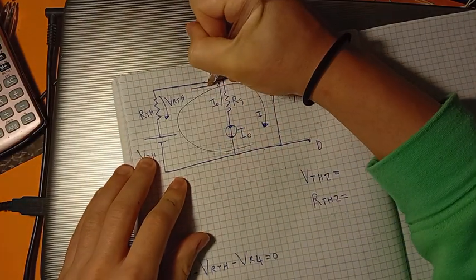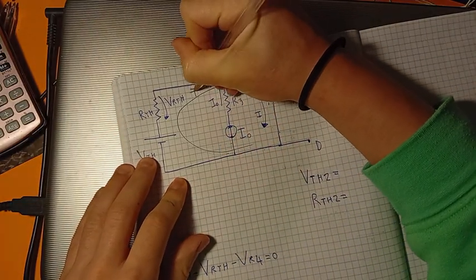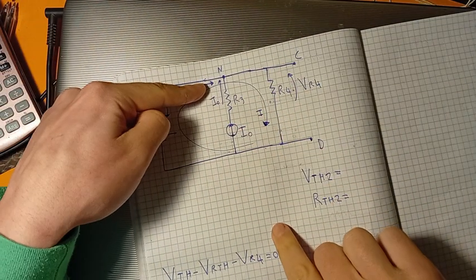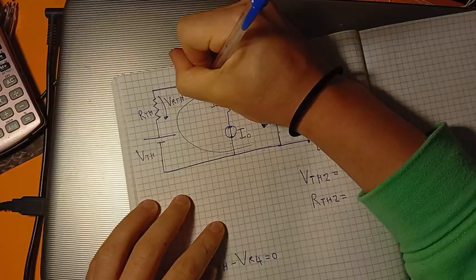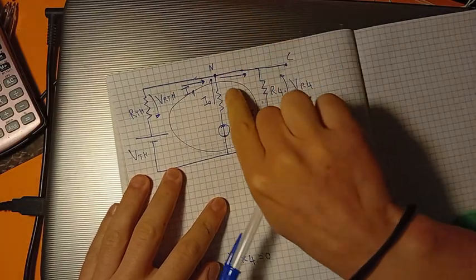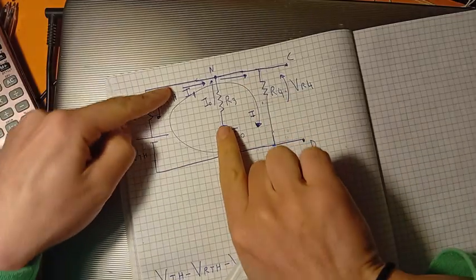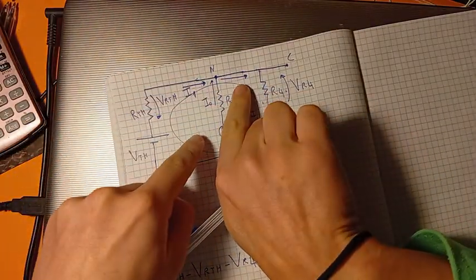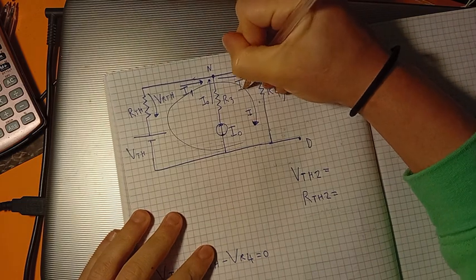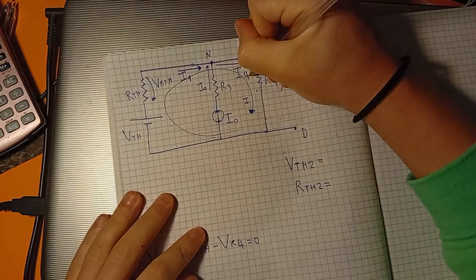I also have this current here which goes inside. Let's call it I1, okay? And I have this other current which flows outside. These two go inside, and this one flows outside. Let's call it I4, okay?